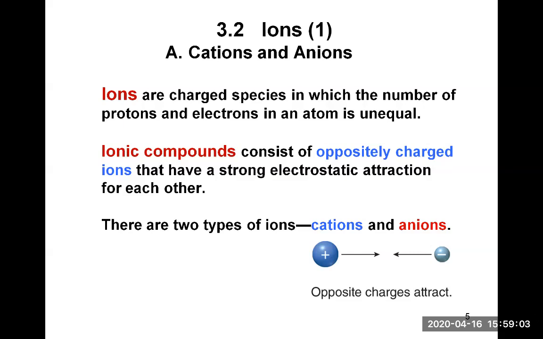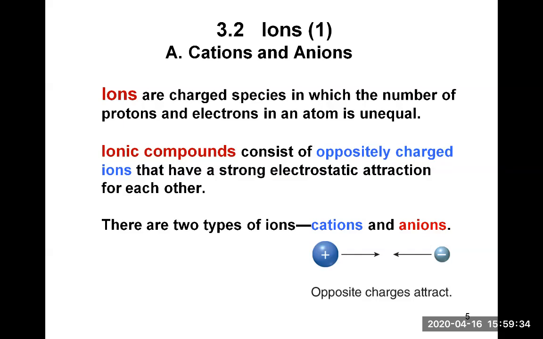Ions are charged species in which the number of protons and electrons in an atom is unequal. So it's when you have an imbalance of charges, and they show up as charges for the molecule or the atom, and then we call them ions. Ionic compounds consist of oppositely charged ions that have a strong electrostatic attraction for each other.